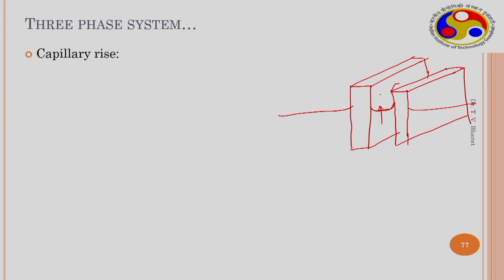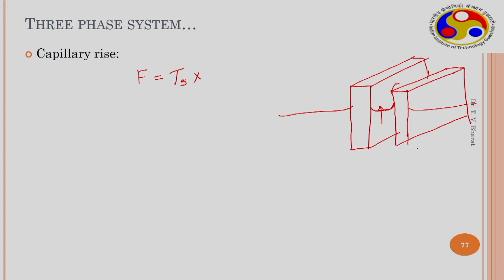So what is the rise we can find out, because we know the force due to surface tension is Ts times the total length.